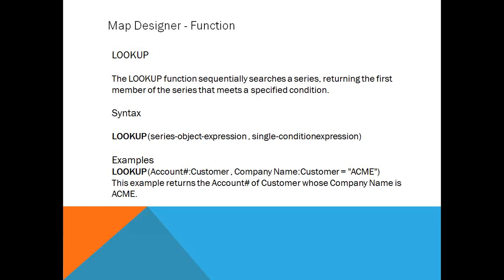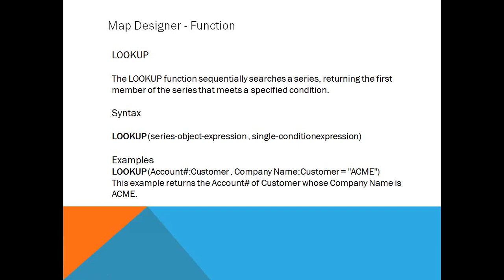But you want the customer account number for ACME, so you have to write the rule like this: lookup of customer account where customer name equals ACME. It will check the records one by one, and wherever ACME is found, for that customer it will return the account number.